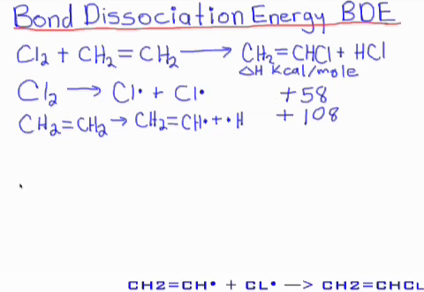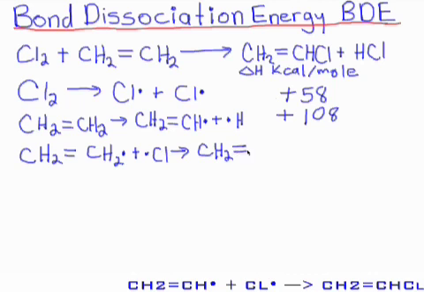Now, in order to form the products, we now must take the alkene radical, CH2 dot, and a chlorine radical, and make the one product, CH2 double bond CHCl.